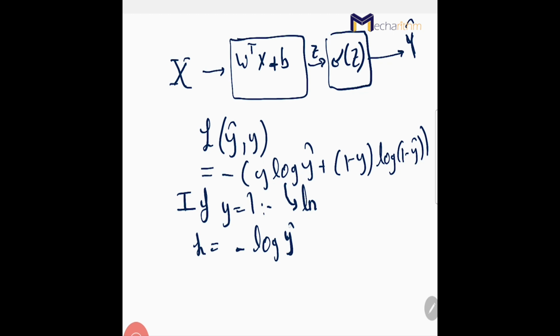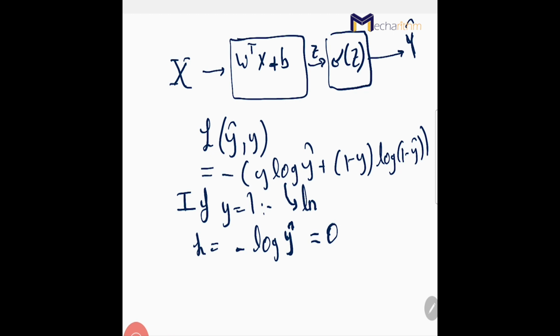So if our prediction matches the ideal case, so if y cap is equal to 1, then we've got negative log 1, which happens to be equal to 0, which means the loss is 0, or the loss is very low, considering that y cap never assumes the value 1, just a value that's very, very close to that. So we'll just say 0.99 or 0.98 or something like that. So basically, the loss will be very close to 0.